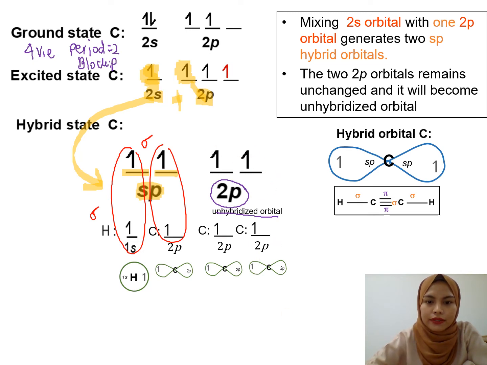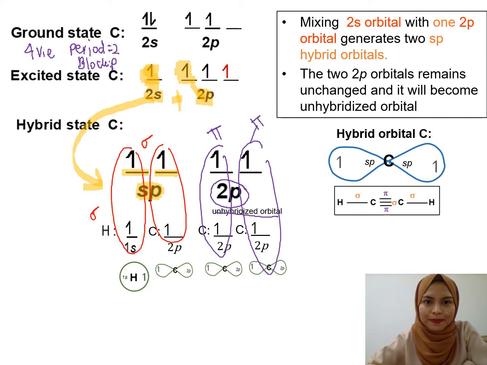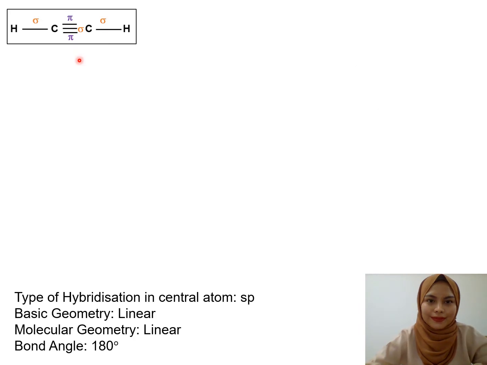Okay, so this is the first set of the pi orbital of the pi bond. Okay, this is the second sets of the second pi bond. So you must be curious kan macam mana kamu nak lukis the whole thing. Macam mana you nak lukis the full molecular orbital for this molecule.